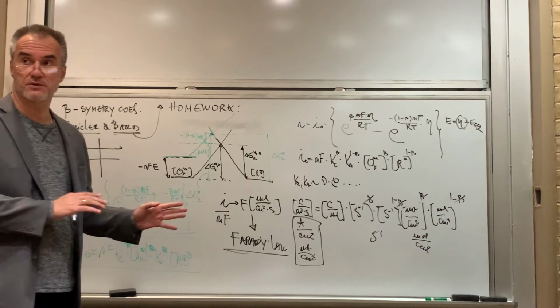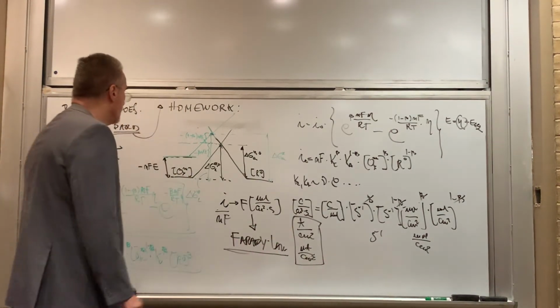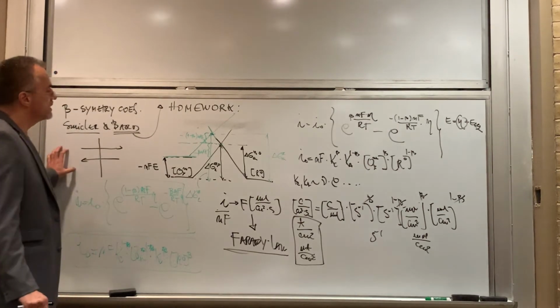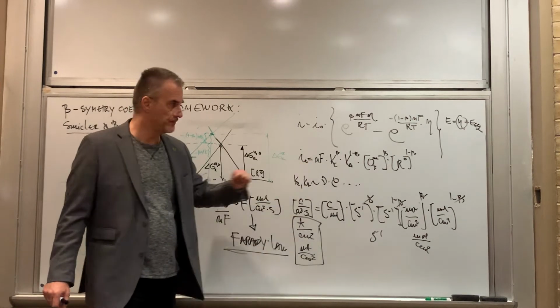So that's going to be a subject of your homework, so you understand where I'm coming from. Okay. So this is your homework. This is something that we just started, continuing discussion from the last time.